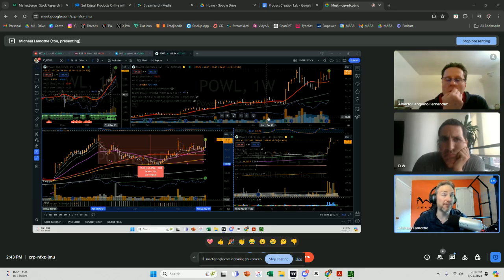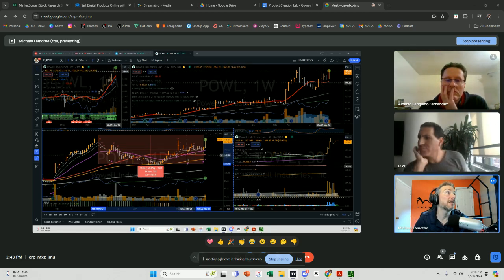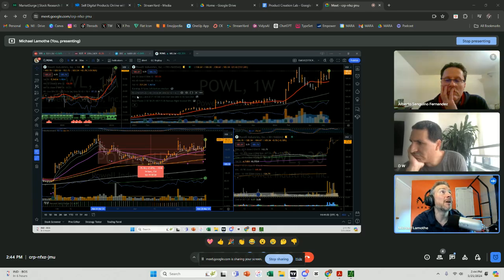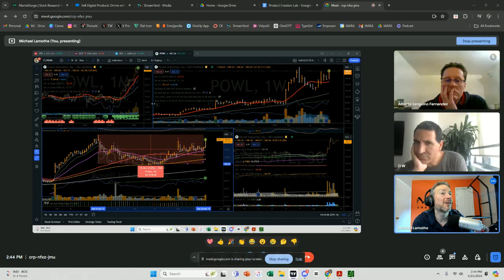I have four time frames on this chart: monthly, weekly, daily, and 30-minute. Very recently, I'm not as tech savvy as I probably should be, I just found out that you can manipulate the size of each of the windows.